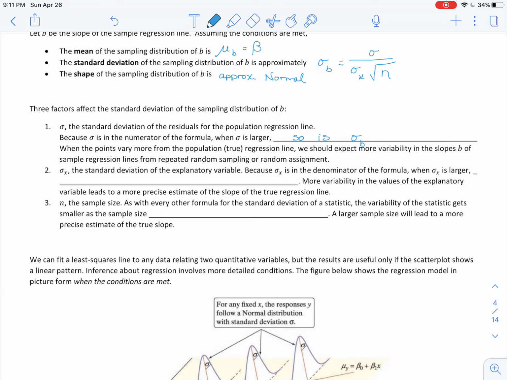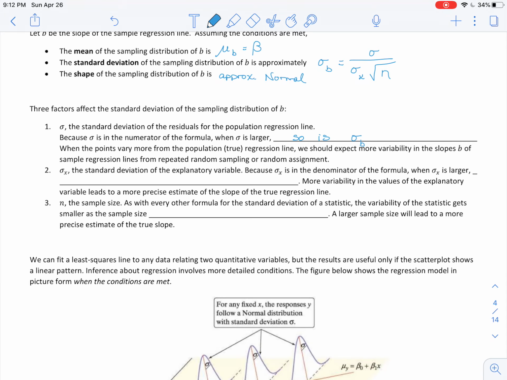So when sigma is larger, so is your standard deviation of the sampling distribution of sample slopes. Which means when your points are more spread apart from the population regression line, we should expect more variability in the slopes of your sample regression lines from repeated sampling or random assignment.